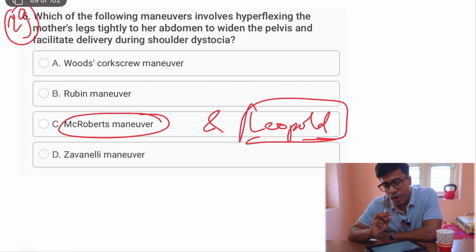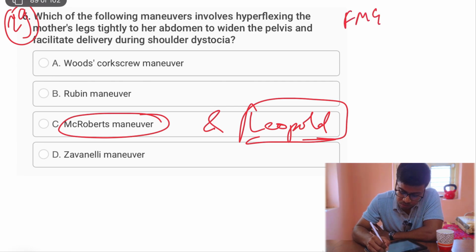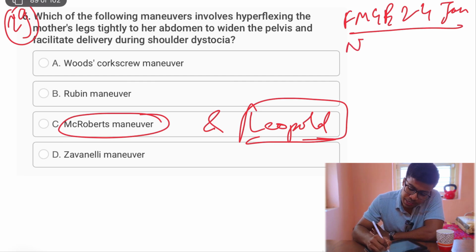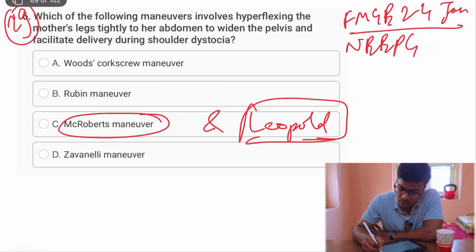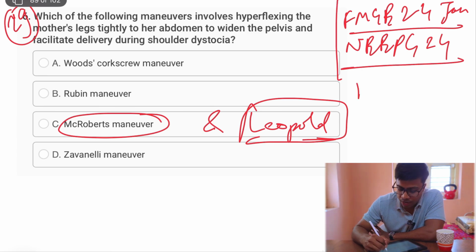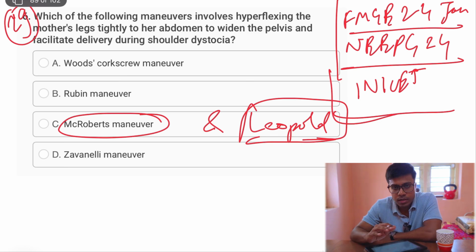But McRoberts maneuver, why I am taking, during my exam FMGE 2024 January, it was asked. NEET PG, it is asked recently. So the format of question is different in different exams. So I have taken 4 to 5 questions on this topic because in each exam it asks differently.